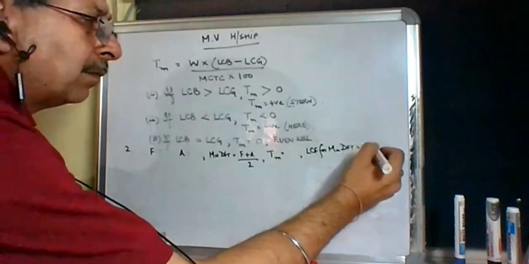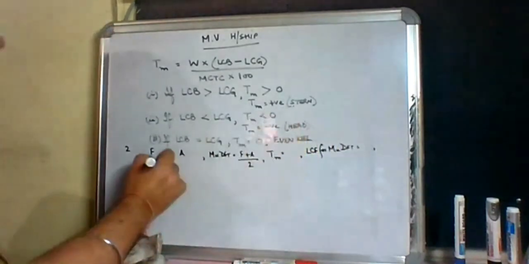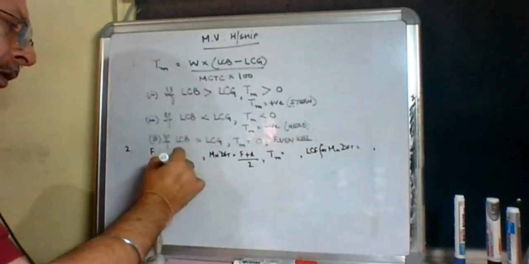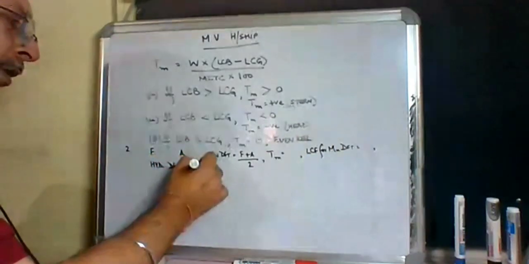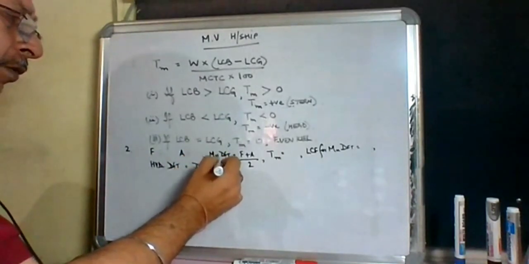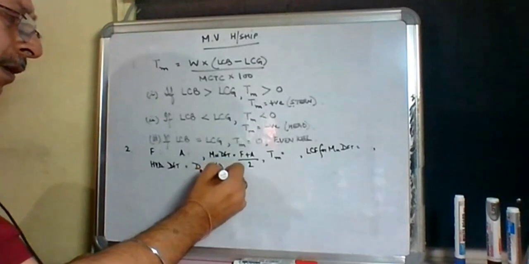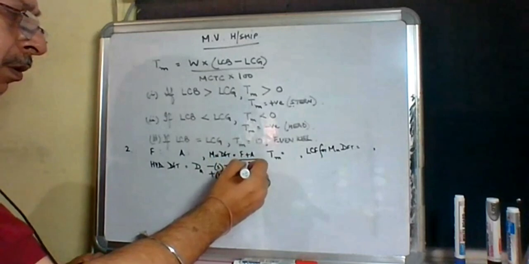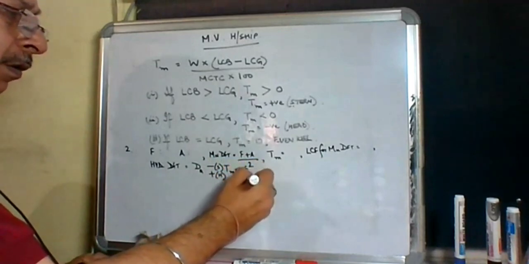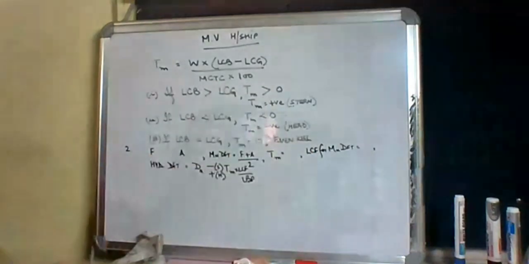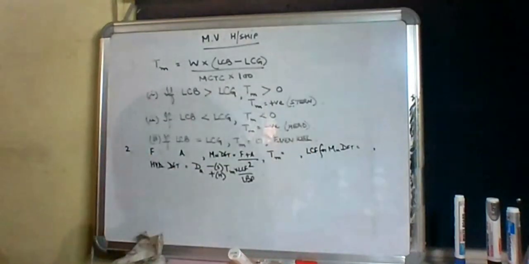Then I can calculate the hydrostatic draft, which will be equal to draft aft minus for stern trim, plus for head trim, correction, trim into LCF upon LBP. LCF is the same LCF which you have found out for mean draft. This gives you your hydrostatic draft.